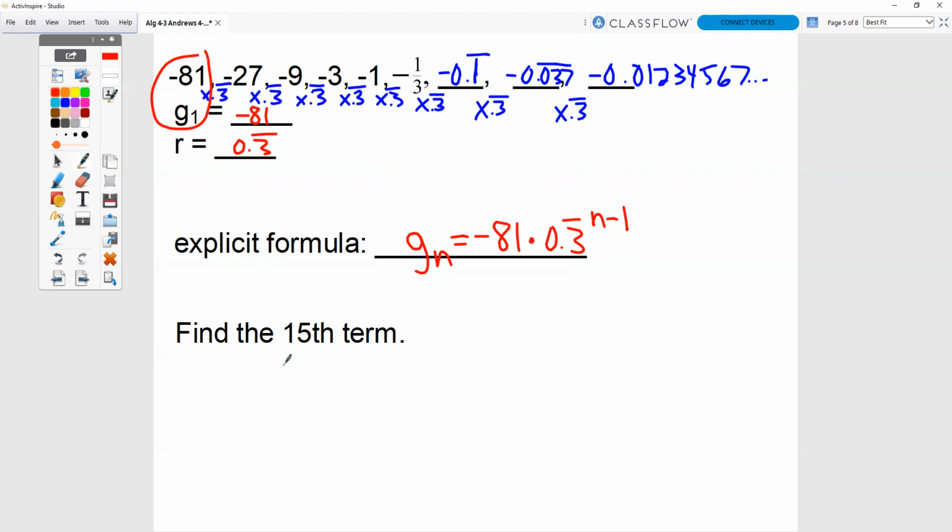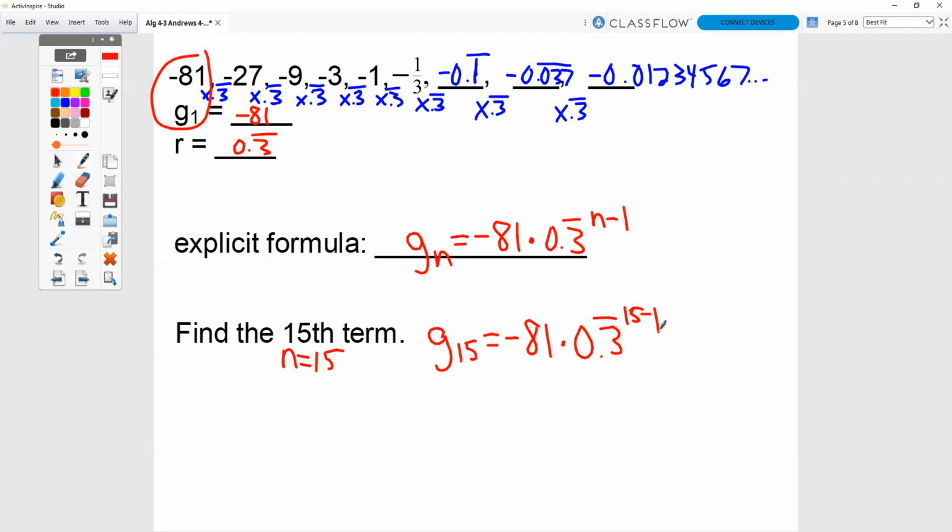We want the 15th term, so n equals 15. G sub 15 equals -81 times 0.3 repeating to the 15 minus 1 power.